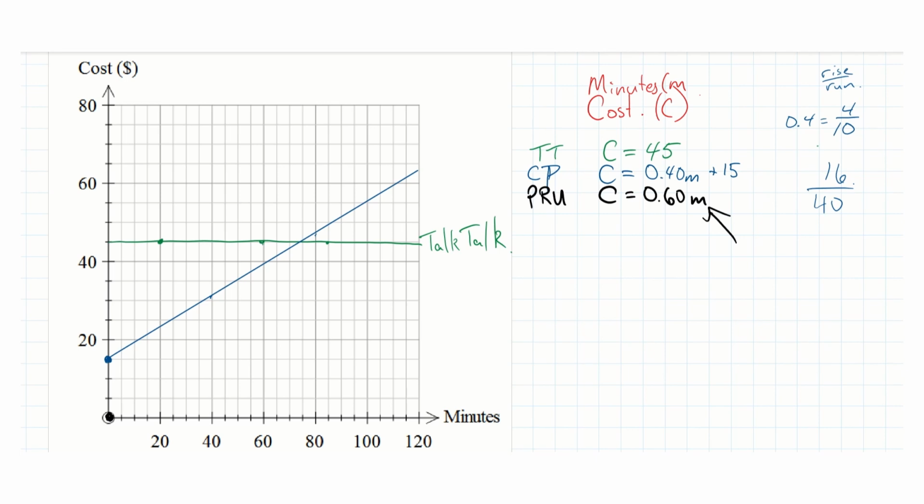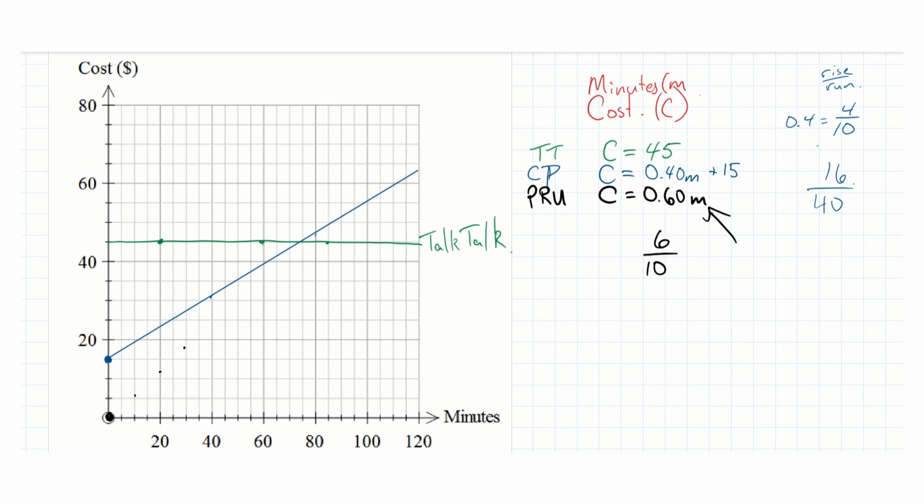Then every time I go over 10, I'm going to go up 6. Over 10, up 6. So this graph is slowly increasing.